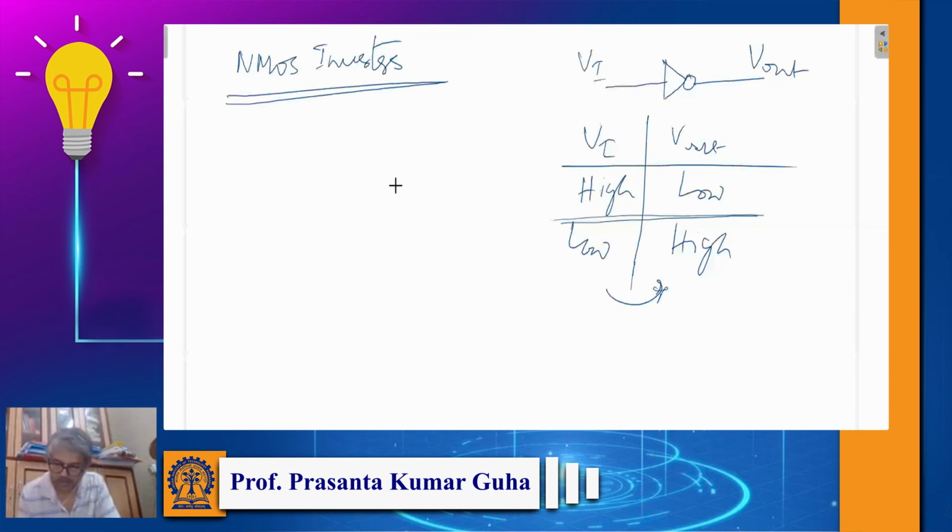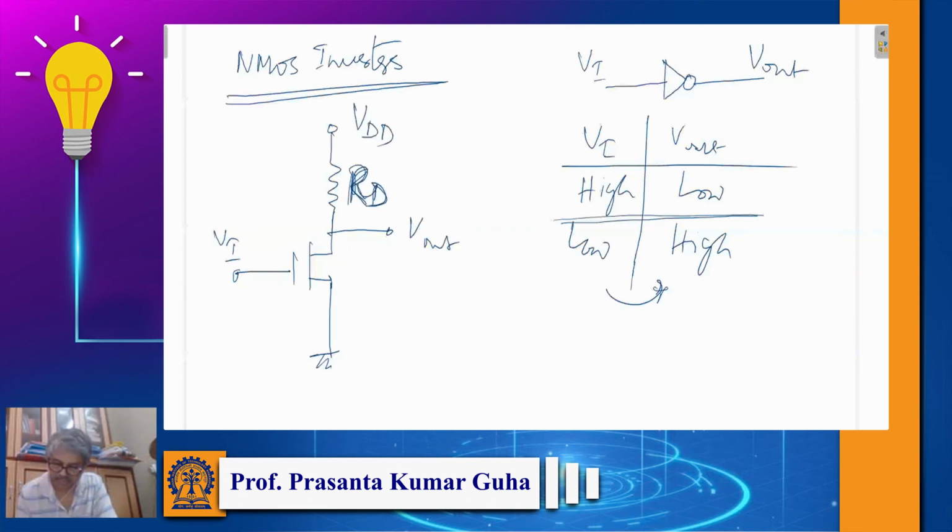What is the typical circuit diagram of a MOSFET inverter? It is like this. We write RD because it is connected to the drain.